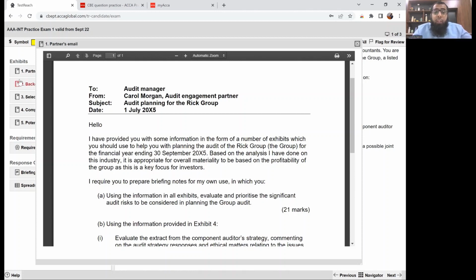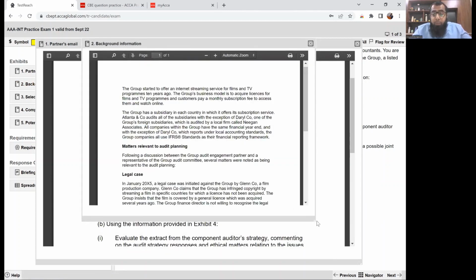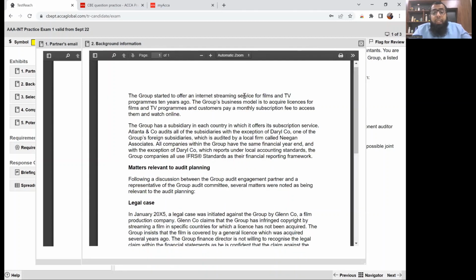Now let's look at Exhibit 2, which is the background information. The group started to offer an internet streaming service for films and TV programs 10 years ago. The group's business model is to acquire licenses for films and TV programs, and customers pay a monthly subscription fee to access them and watch online.